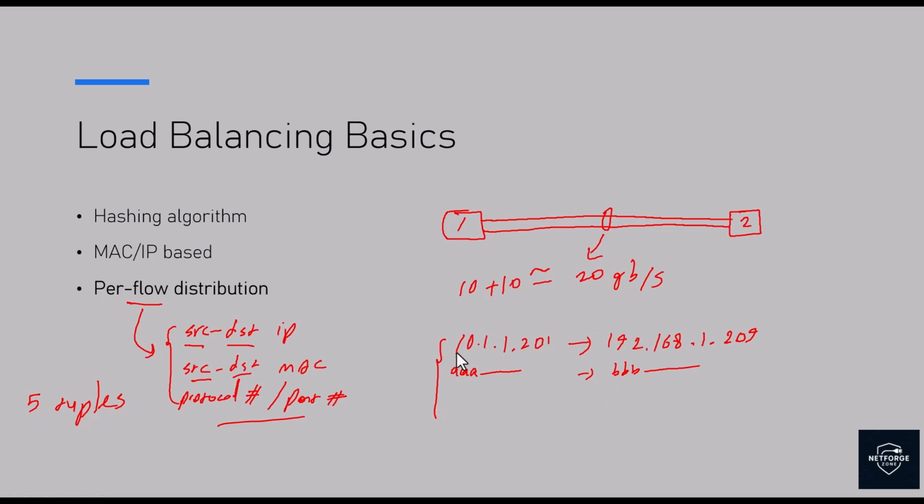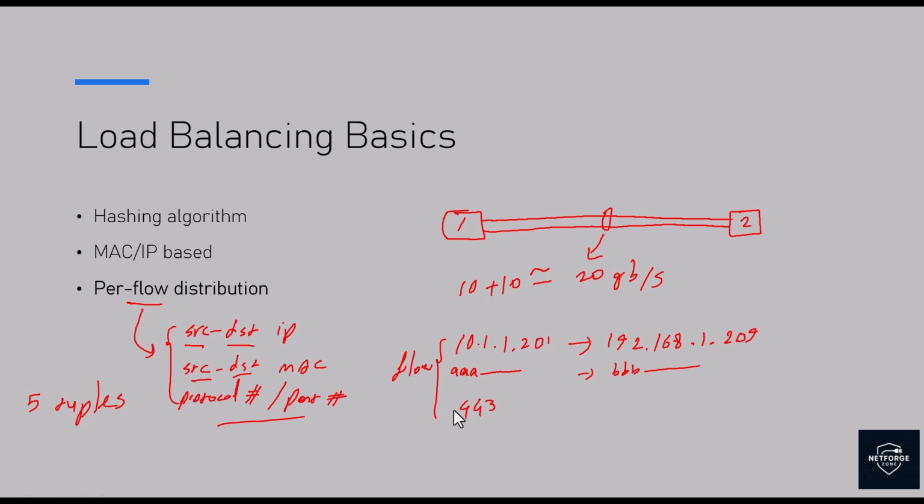And this is, let's say, an IP packet, and the port number is 443. So you can see 5 pieces of information. This is going to be a flow. In this case, it is an HTTPS flow. So this is one flow. Every packet generated from this address to this address, with this MAC address to this MAC address, with this port number, is going to be in the same flow.